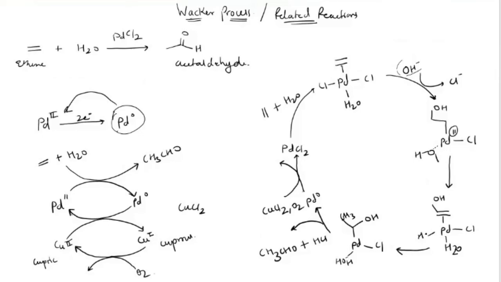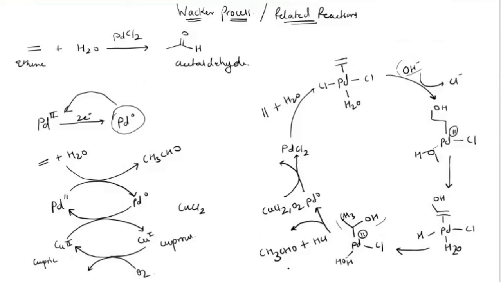Then the beta elimination of that organic species. Then re-addition will give a complex, again having palladium 2. Then elimination.